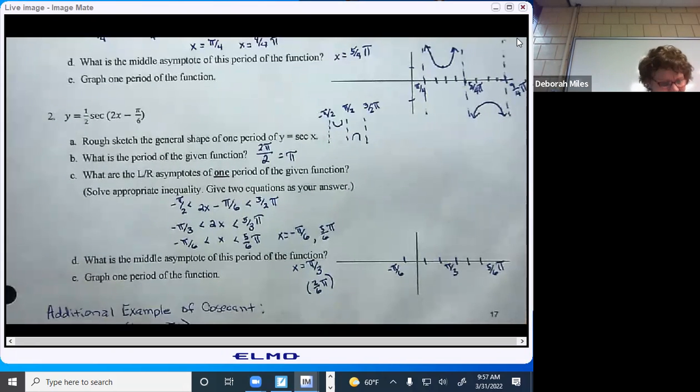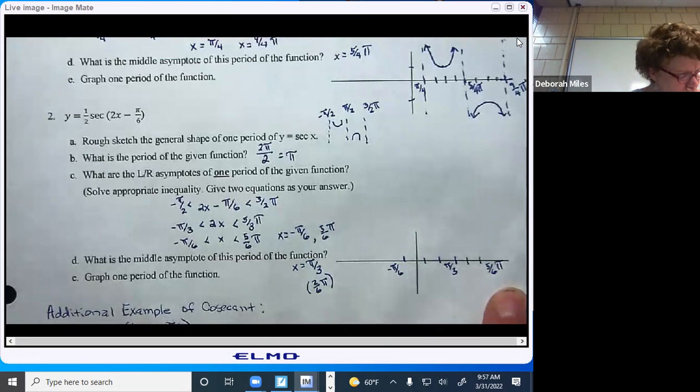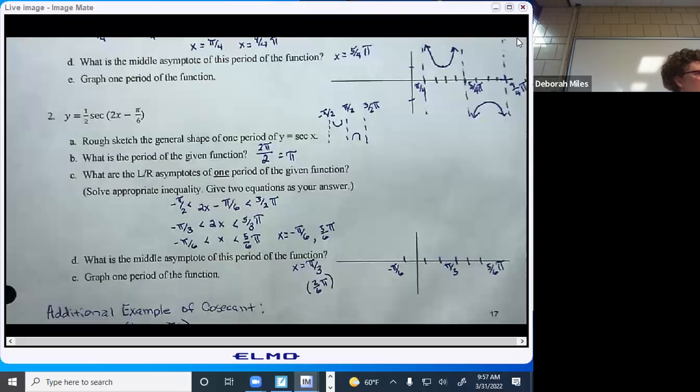Don't tell me what else. What have I done? On the x, you've got negative pi over 6 and 5 pi over 6. You add those together, you get 4 over 6, not 2 over 6, which is what you did in the middle asymptote. I wonder if this is a case of said the right thing, wrote the wrong thing. I think I said the right thing. Well, every time I get sassy about y'all not being careful and not making mistakes, I make a mistake.